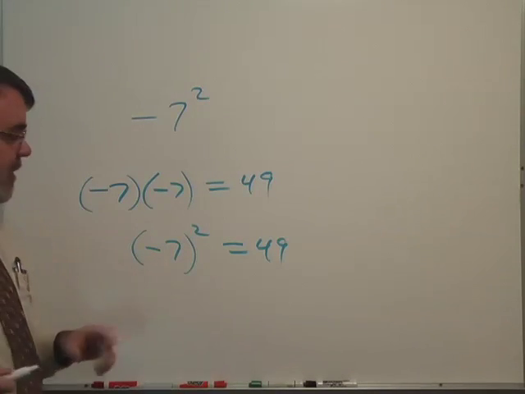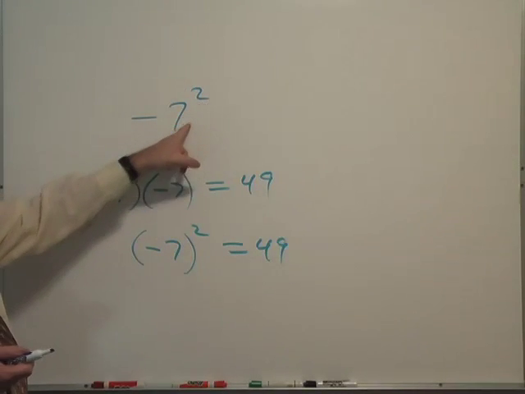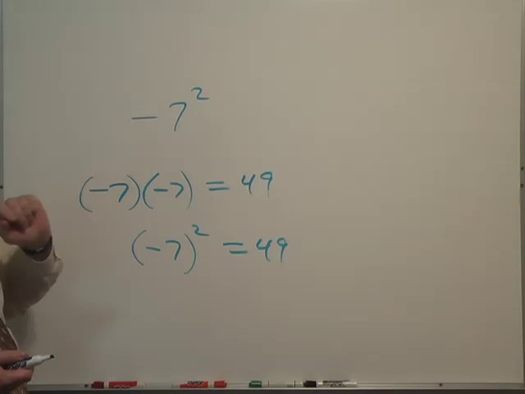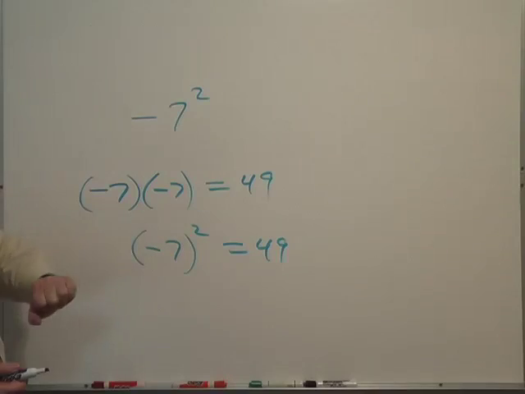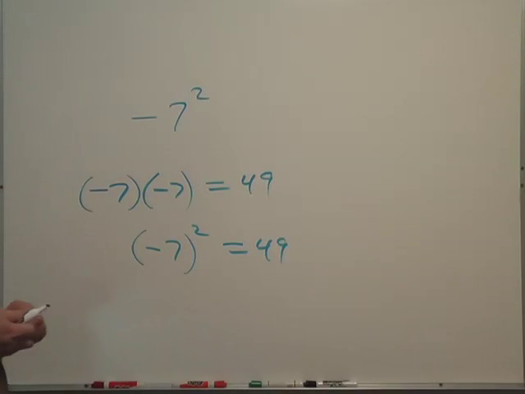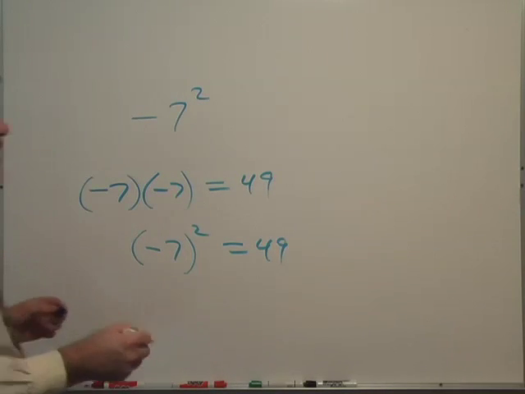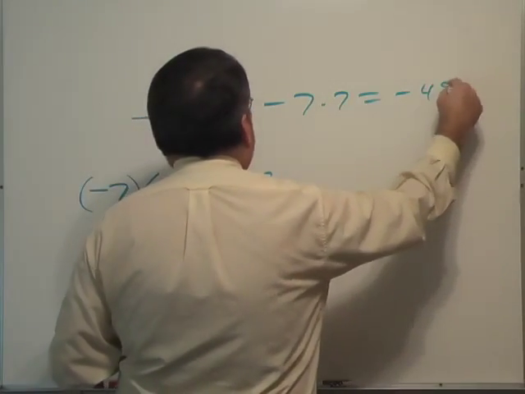That's okay. Now what's the difference between these? Well, there's no parentheses here, and it turns out the exponent only affects the base. It doesn't affect the negative unless you group the negative inside the parentheses. Now that doesn't convince everybody. Some people object to this, saying that this should be negative 7 times 7, which is negative 49.